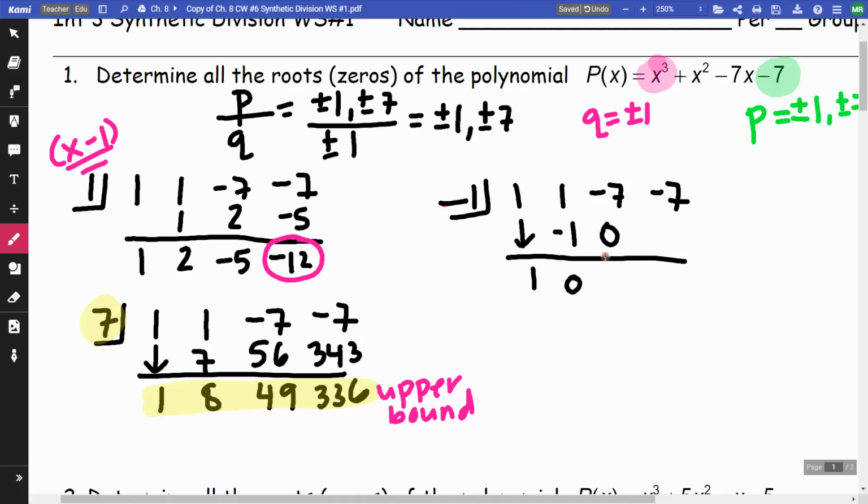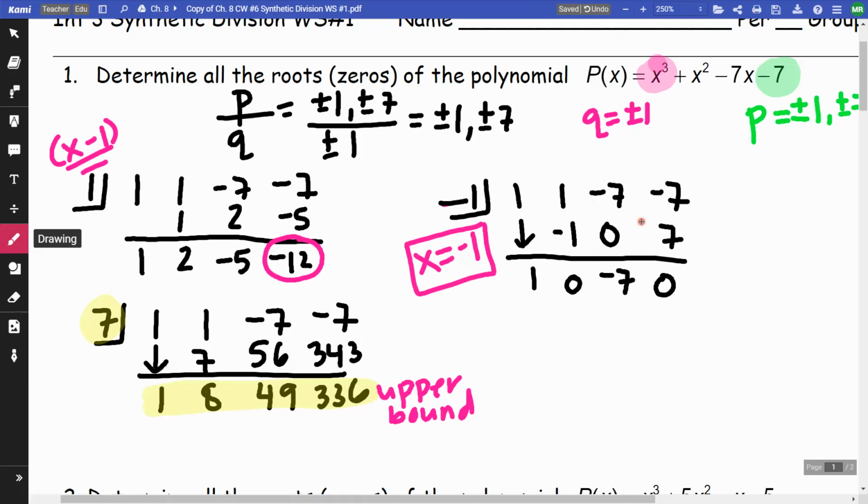I add these, I get a -7. -7 times -1 is 7. I add and I got a 0. So I found a solution right now. X equal -1 is a solution. It is a root. It gave me a 0.